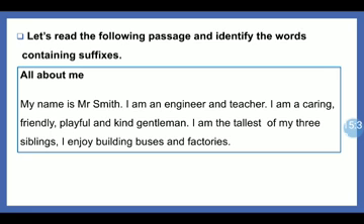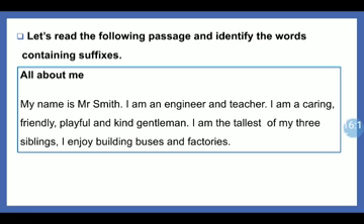Let's read this passage. And after we have read the passage, we are going to be identifying the words that contain suffixes. All about me. My name is Mr. Smith. I am an engineer and teacher. I am a caring, friendly, playful, and kind gentleman.